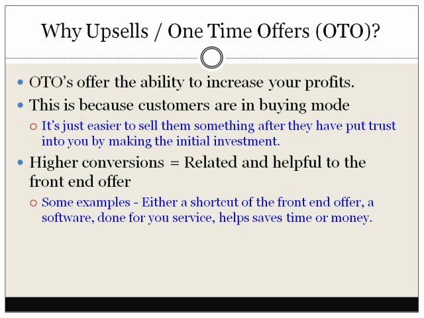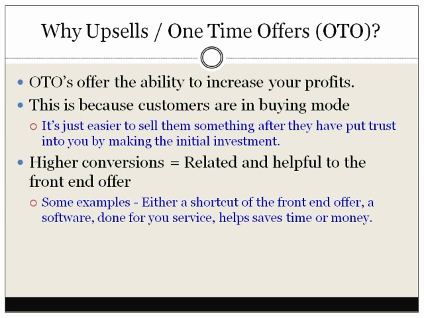So some examples of a one-time offer is, let's say you have a front-end offer that describes some sort of strategy or system or process. Then for your one-time offer, you could offer a shortcut of the front-end offer. Let's say the front-end offer system would take you normally 5 hours to implement, but you're offering a one-time offer for a piece of software or maybe some shortcuts, secrets that your customers can use to speed the process from 5 hours to, let's say, 15 minutes.